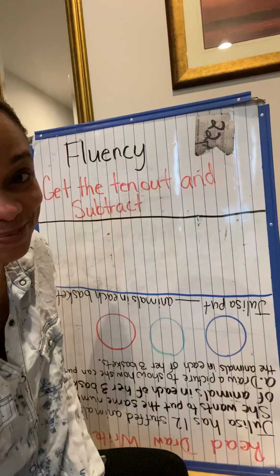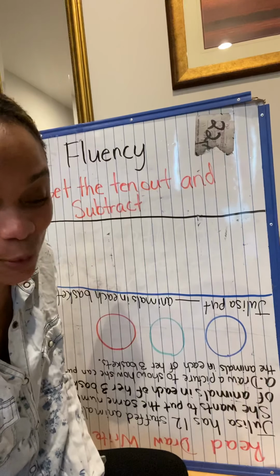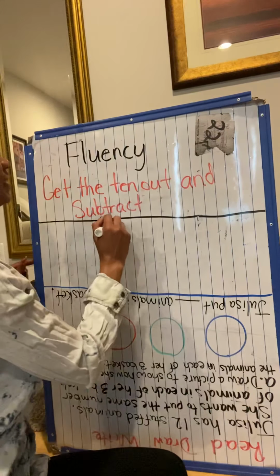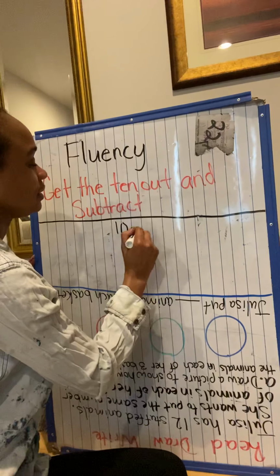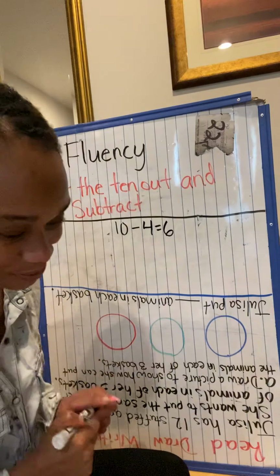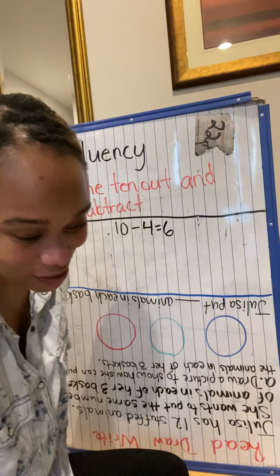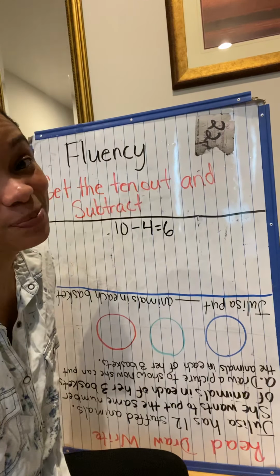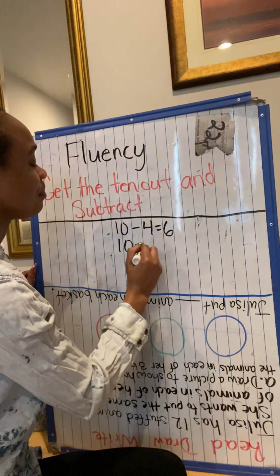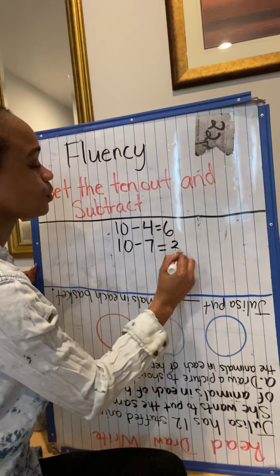So ready? All right. 12 minus 4. Yep, you should have said 10 minus 4 equals 6. Let's do another one. 13 minus 7. 10 minus 7 equals 3.